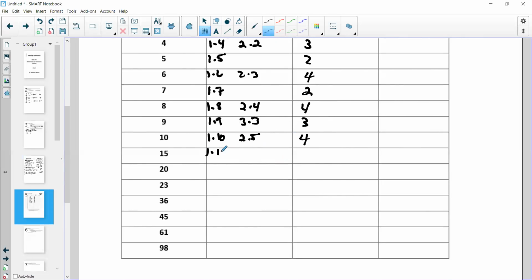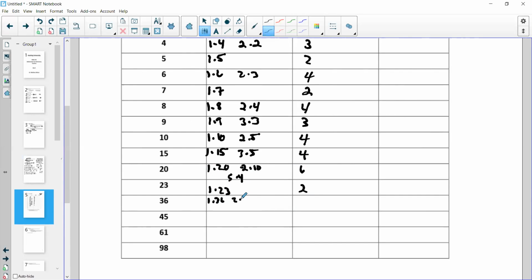15, we've got 1 times 15, 3 times 5, we've got 4 factors here. 20, 1 times 20, 2 times 10, 5 times 4. So what do we got? We've got 6 factors. 23, we only have 1 and 23, so we're back to 2 factors here. 36, we've got 1 and 36.